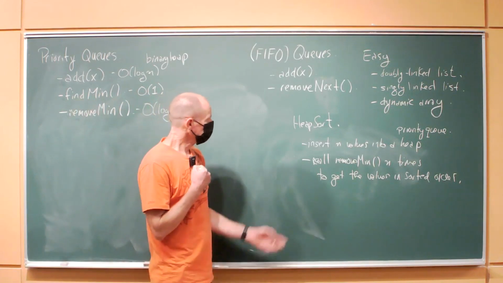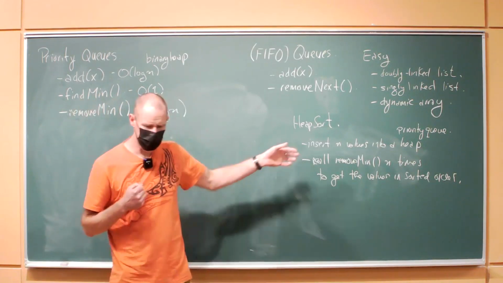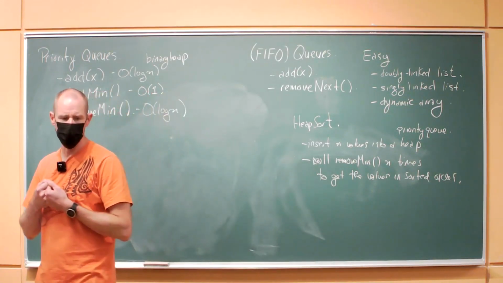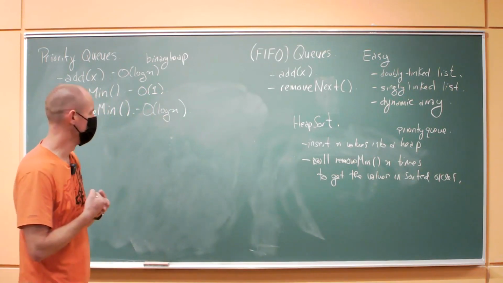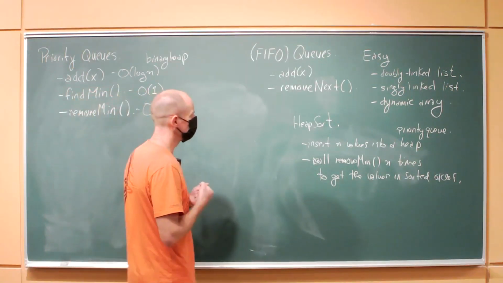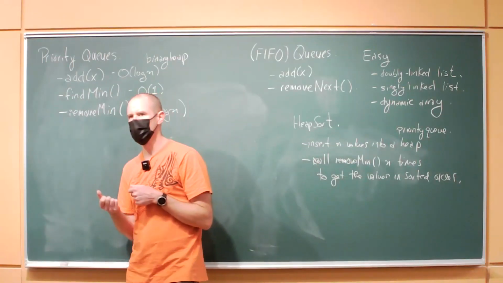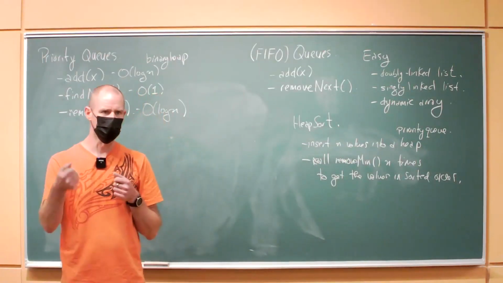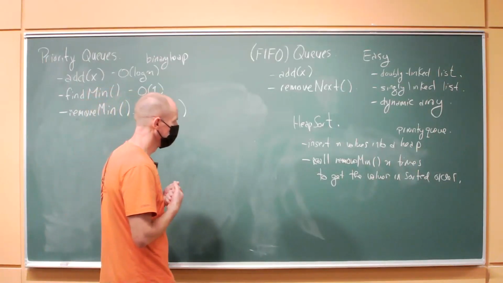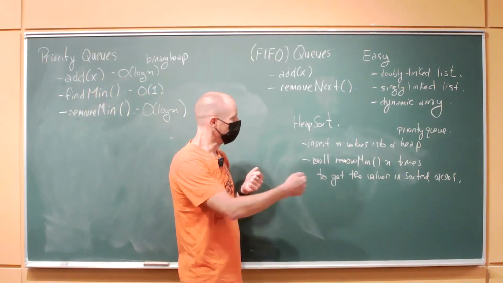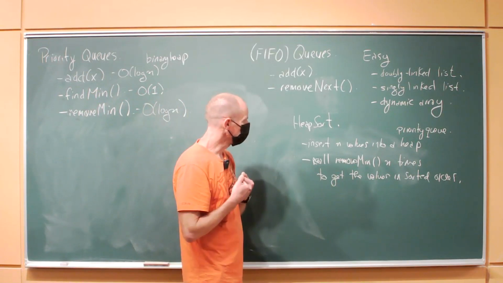If you run this simple version of Heapsort on an already sorted list, you go through the list, take the values one at a time, and insert them into the heap in the order that you encounter them, which is sorted order.